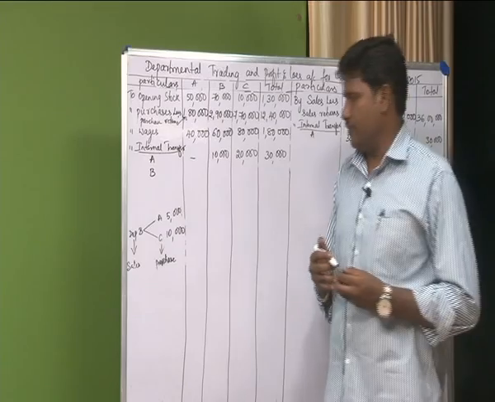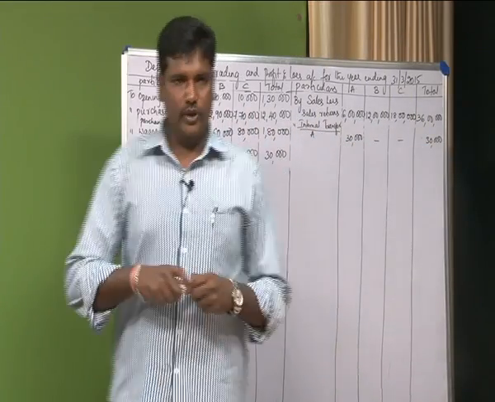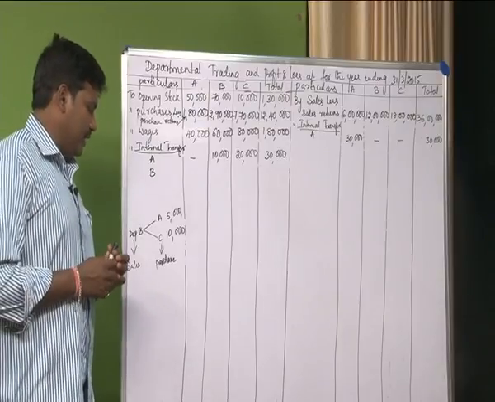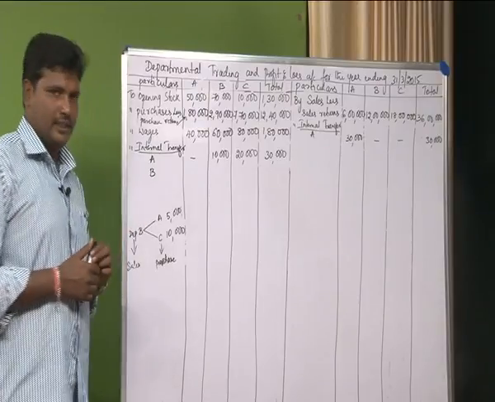So goods transferred from department B to department A is 5,000, and goods transferred from department B to department C is 10,000.